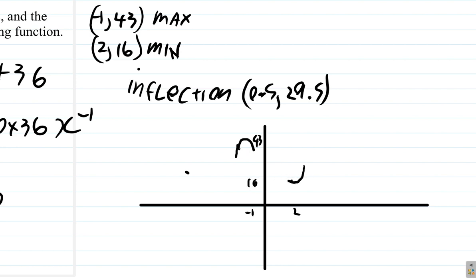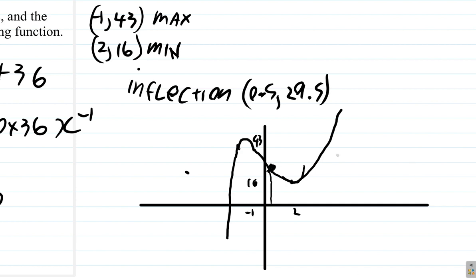We're going to have a minimum point. And I expect the graph to look something like this. There will be a point of inflection at (0.5, 29.5). So right there, the point of inflection.